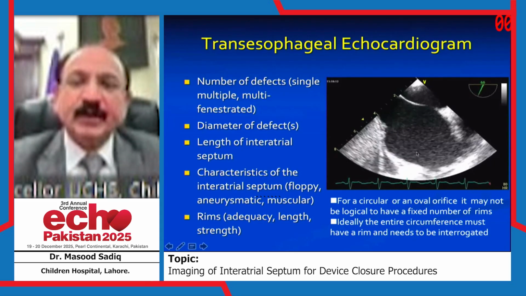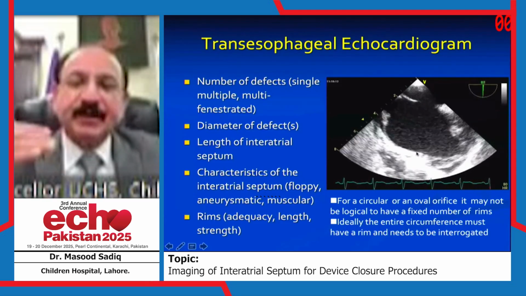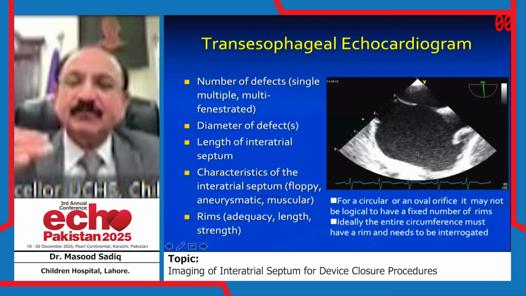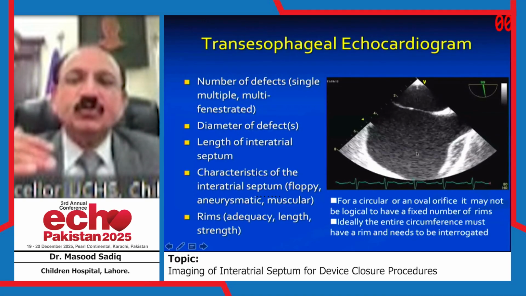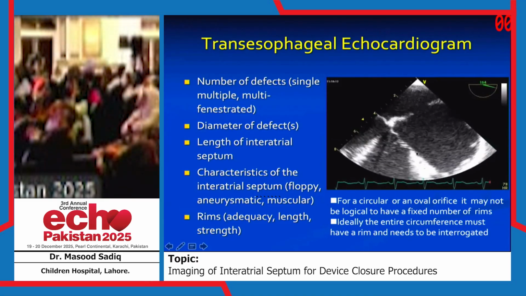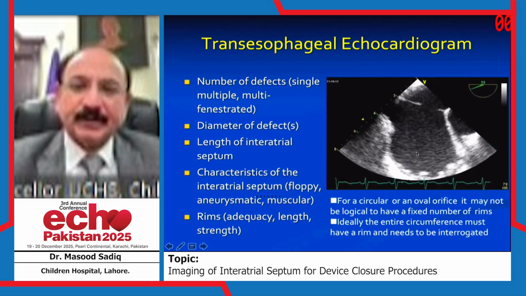I will be going through that in a moment, because it may not be a circular defect, it may be an oval defect, and it's logical that any defect which is oval or circular would not have any fixed number of rims. So the entire rim starting from 0 to 180 is important.